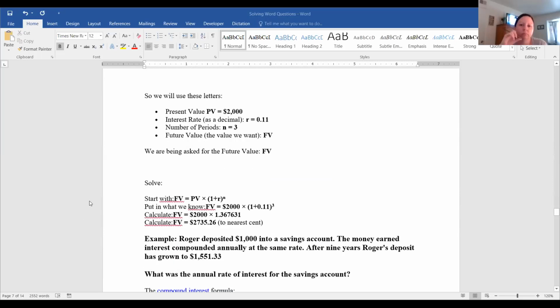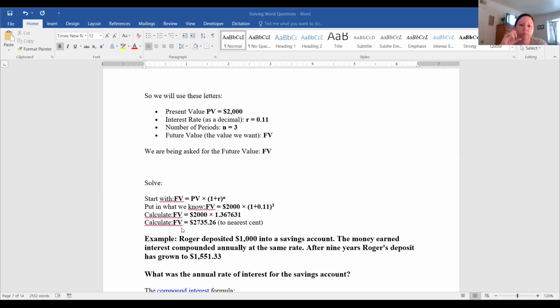So we plug that in. The future value is the present value times 1 plus the interest rate, raised to the power of the number of periods. That becomes $2,000 times 1 plus 0.11, raised to the third power. We do that calculation on our calculator and get $2,000 times 1 point, a long 5-digit decimal.